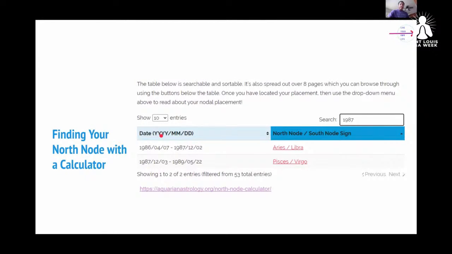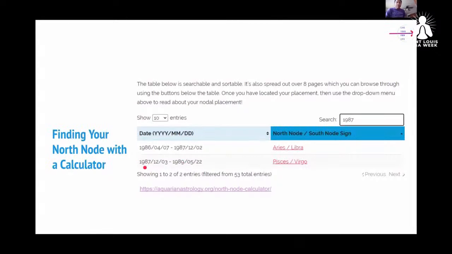The format they give here is the year followed by the month followed by the day. So we can see that in 1986, the North Node was in Aries from April 7th until December of 1987. And then at the very end of 1987, which is what I'd searched for over here, it shifted down into Pisces.